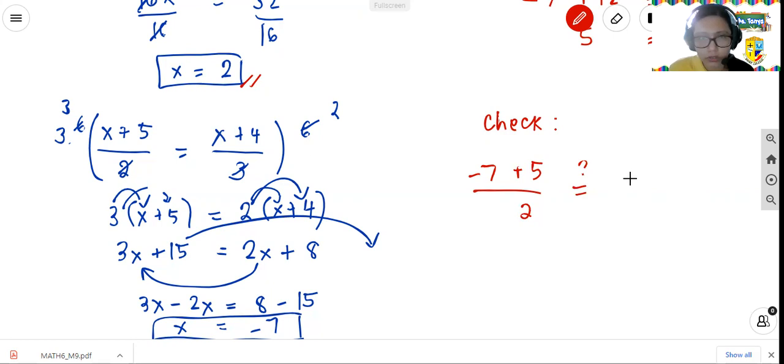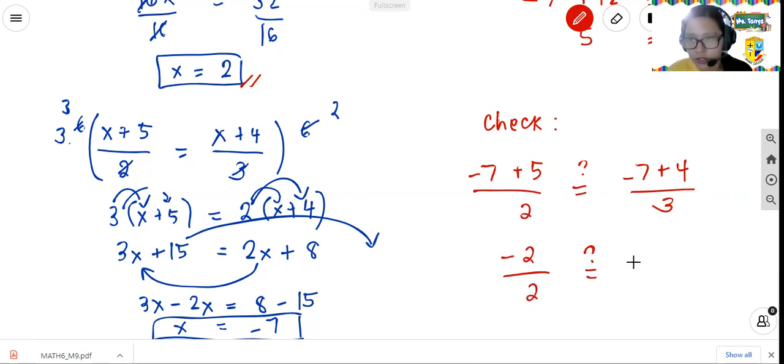Is that equal to negative 7 plus 4 divided by 3? So negative 7 plus 5 is negative 2 over 2. Negative 7 plus 4 is negative 3 over 3. So this one is negative 1 is equal to negative 1. Our solution x equals negative 7 is a true solution.